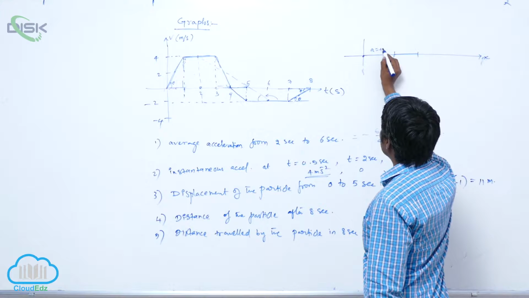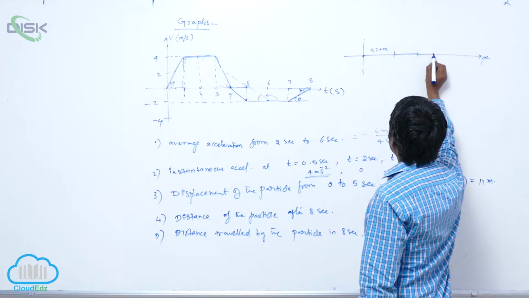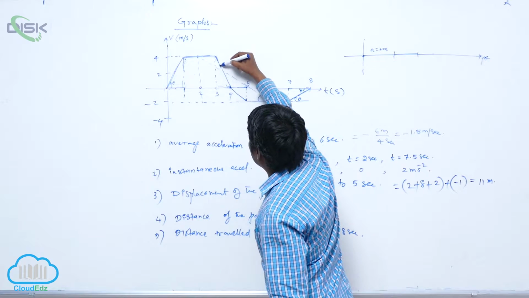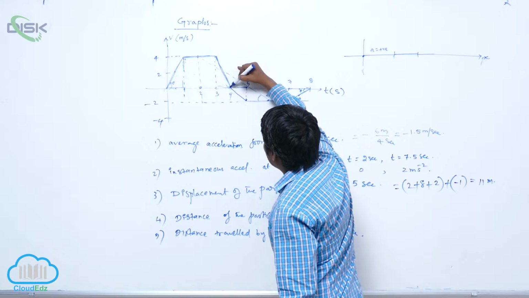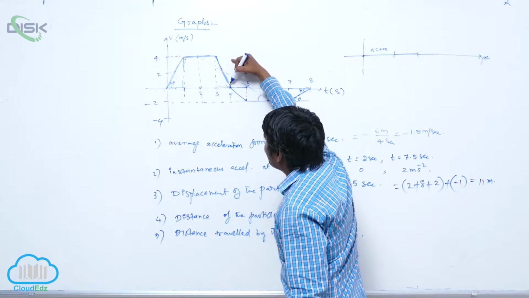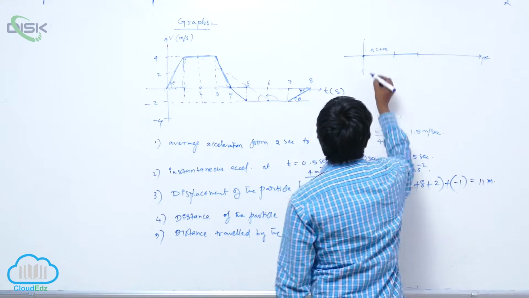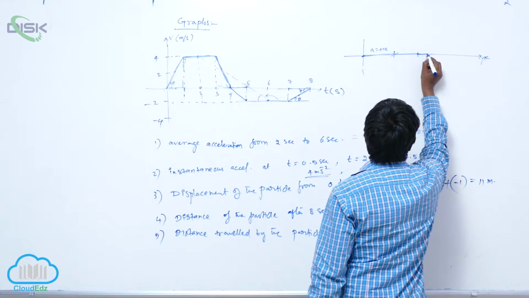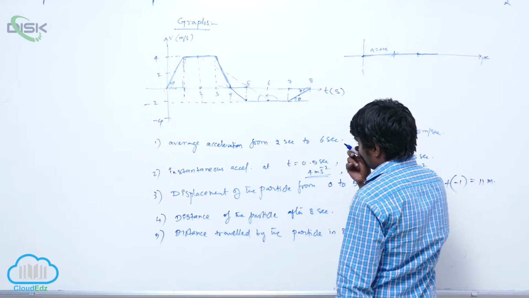Now from here to here, velocity is positive only, because we are on the positive axis, so its direction of motion is along the positive x-axis, but the magnitude of that velocity is gradually decreasing. That means it slows down, slows down, slows down.